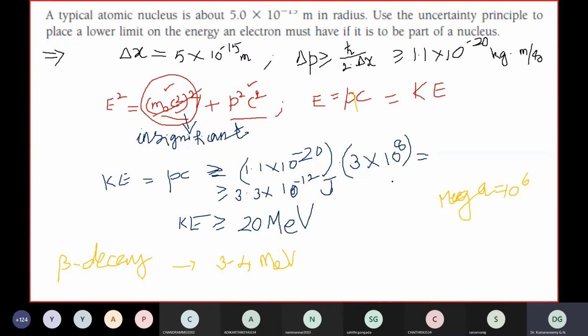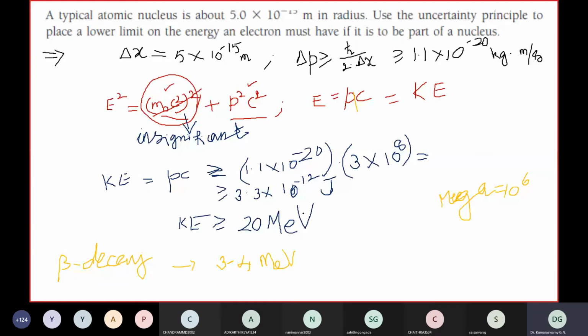But what I am saying is, can an electron exist inside the nucleus? Just like a proton and a neutron, the electron is also there as an independent particle. That is the question. If an electron exists inside the nucleus, it will have 20 MeV of energy.